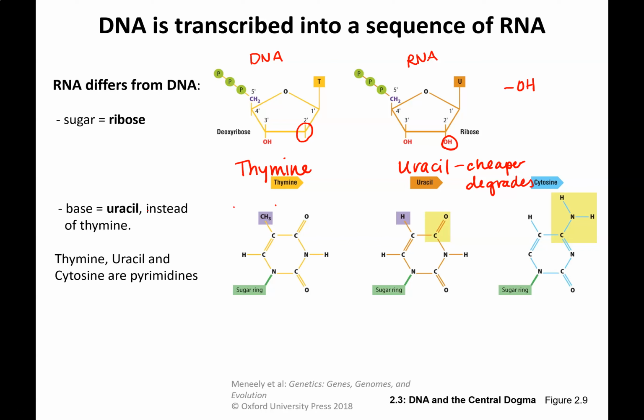So thymine and uracil really just differ in this functional group attached to one side of the ring. Like thymine and cytosine, uracil is a pyrimidine. And it is basically the counterpart for thymine in RNA.